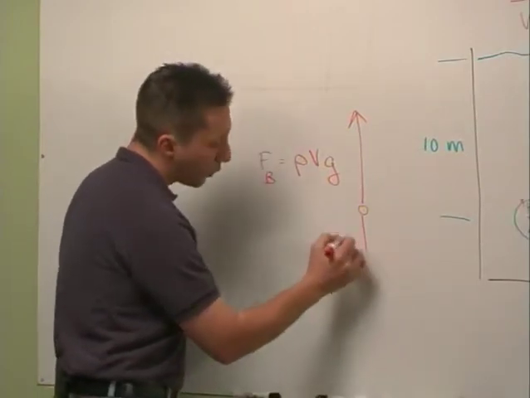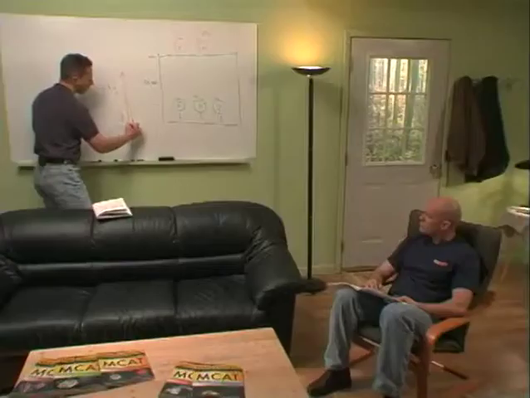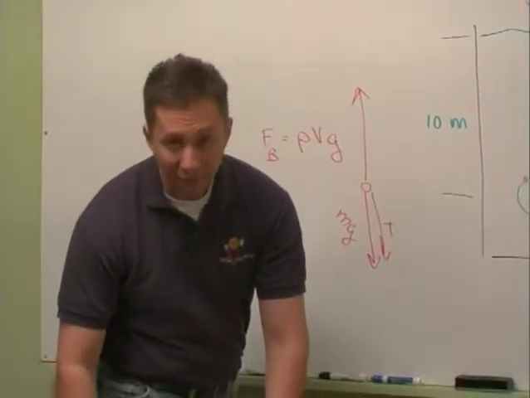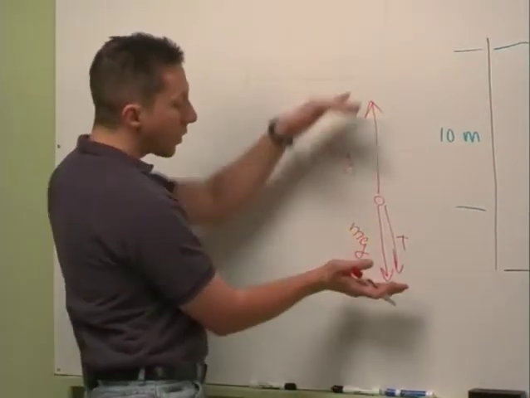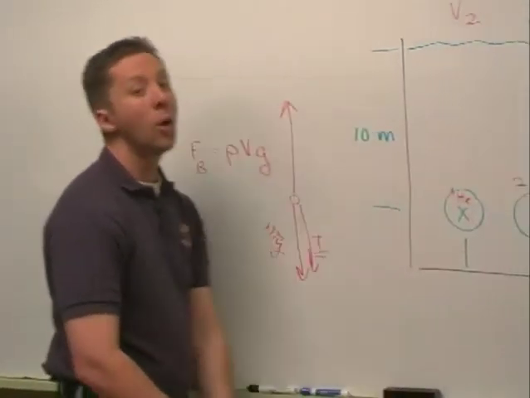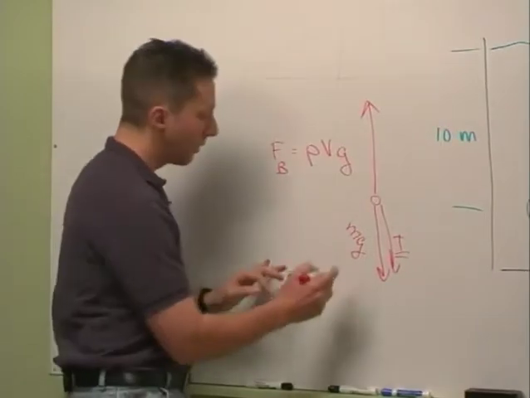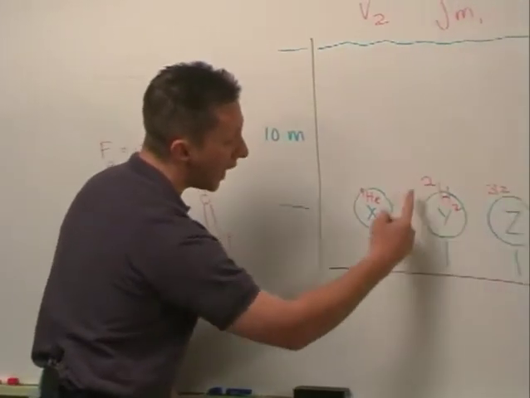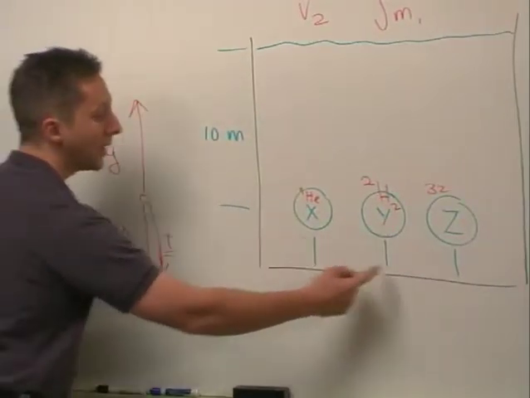So the downward forces then are mg, and the other downward force is tension. This question asks, where is the tension the greatest? So these are all the forces acting on it. The tension must be greatest in the balloon with the smallest weight force, right? Which one has the smallest weight force? Obviously, H2 gas here is less than this and less than this.